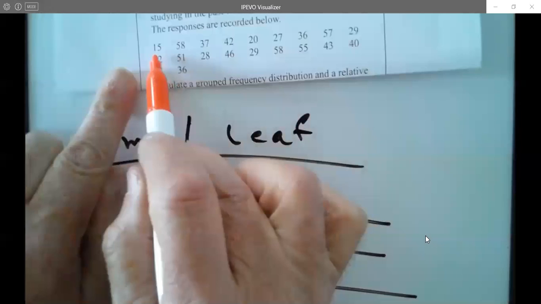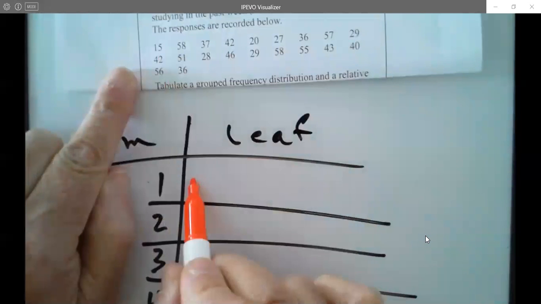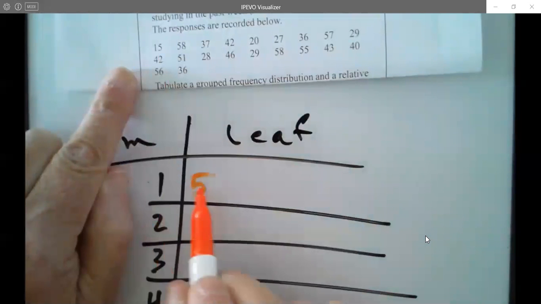This first one here is 15, so that would be a 5. So 1 and 5 is 15.